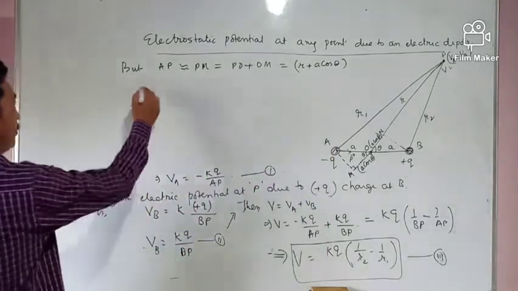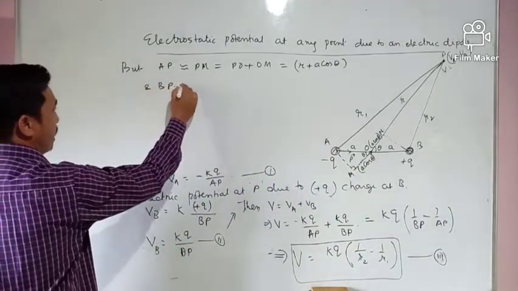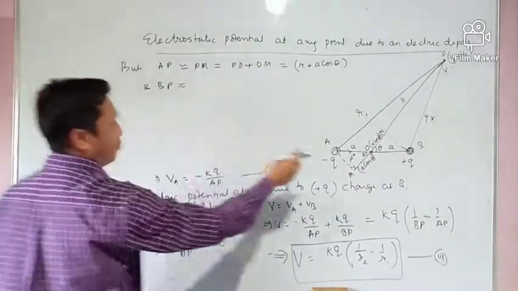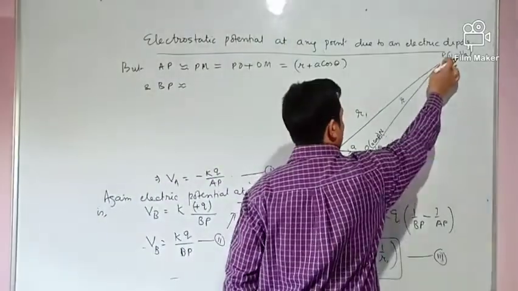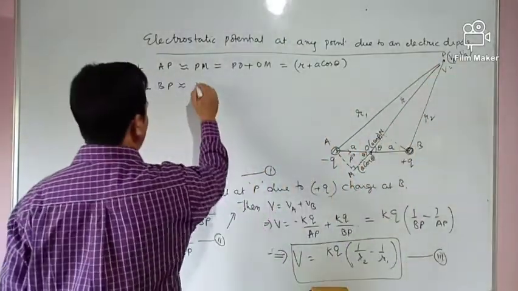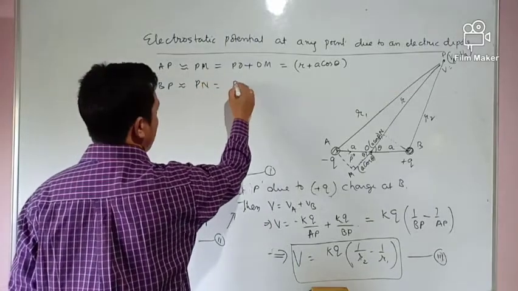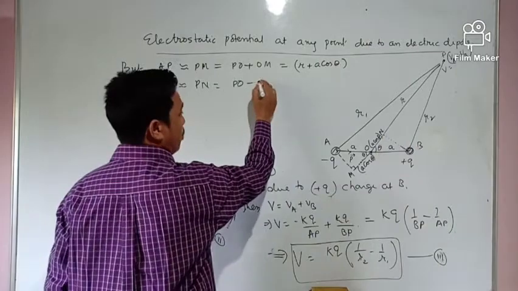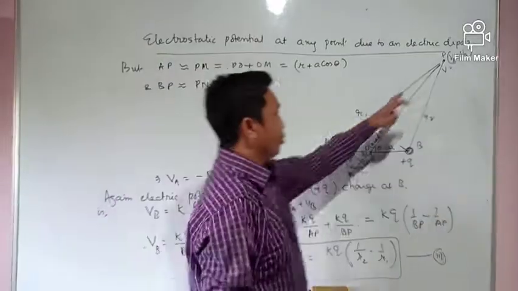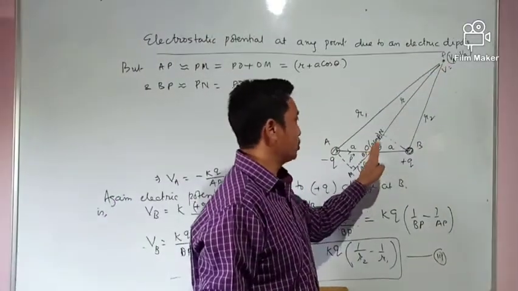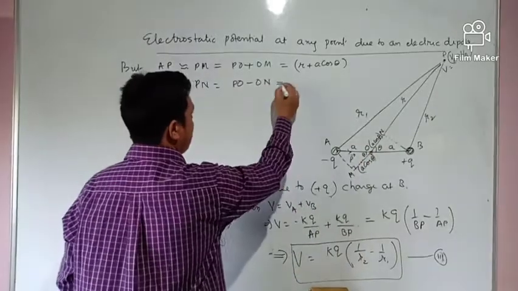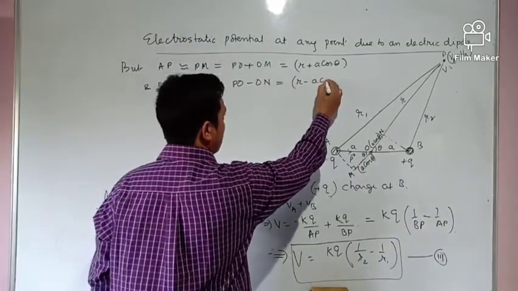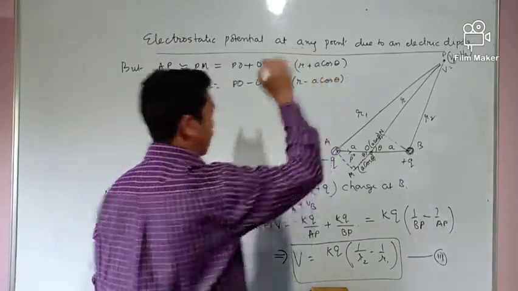Okay, and BP is approximately equal to PN, which is PO minus ON, PO minus ON, subtraction, so it is R minus A cos theta.